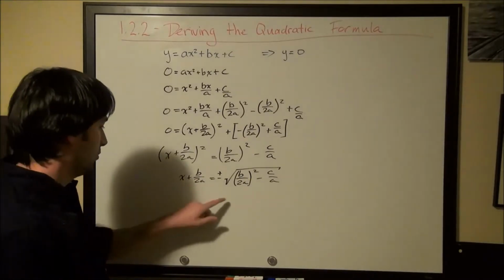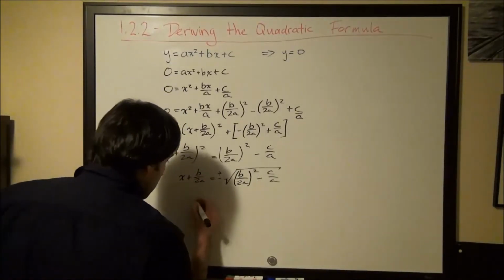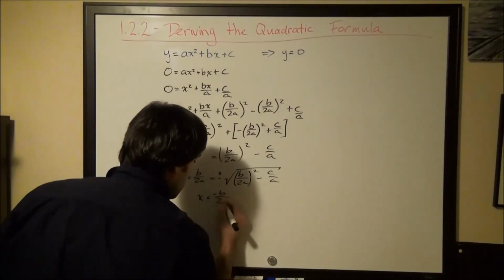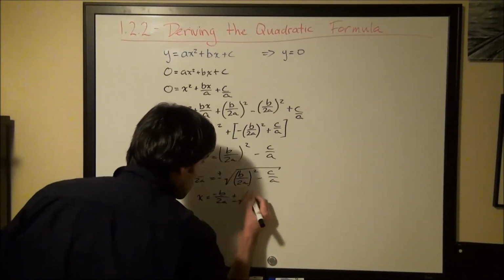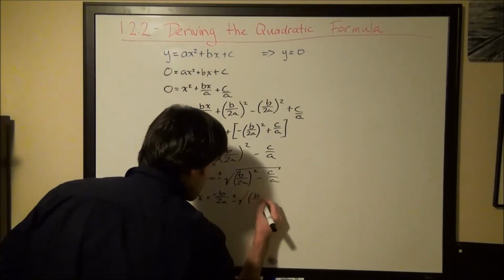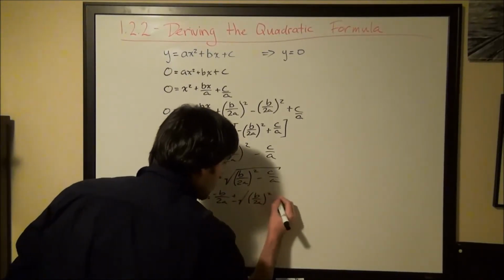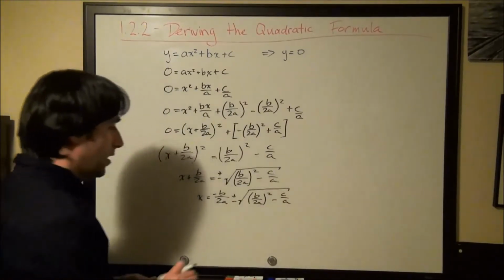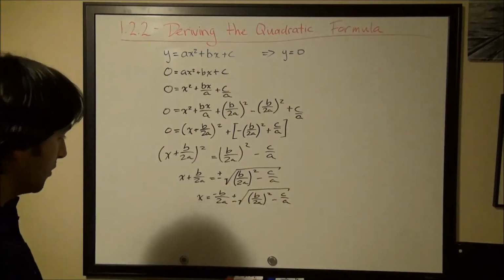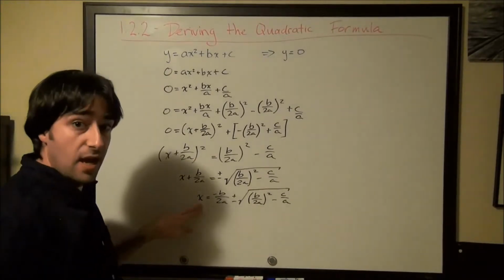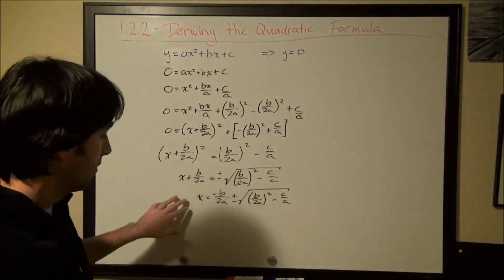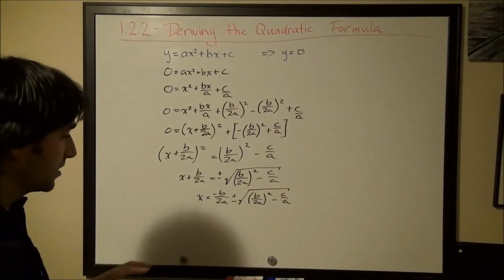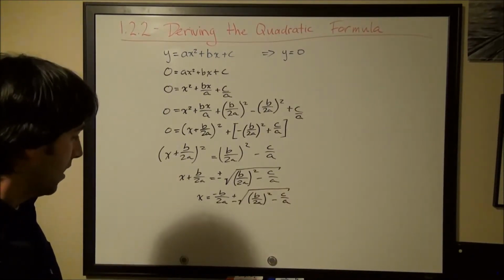Now finally we just move b over 2a over to the other side. And there you have it. We have officially solved for x. However, this quadratic formula looks kind of long and cumbersome, and it could be simplified a little bit.